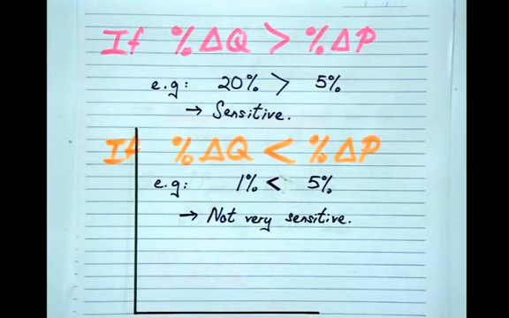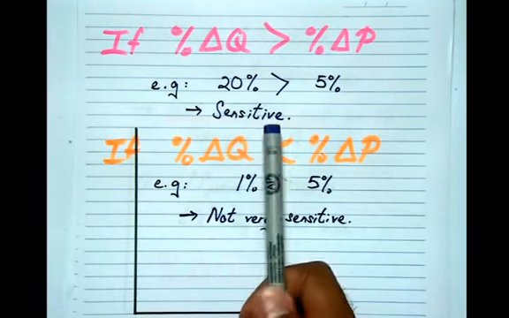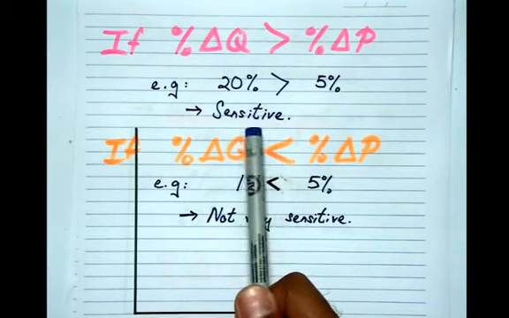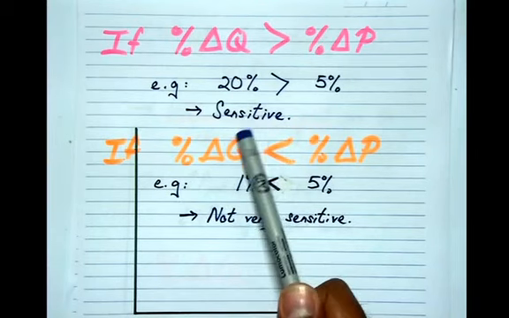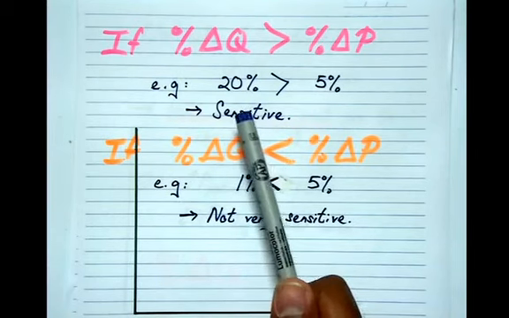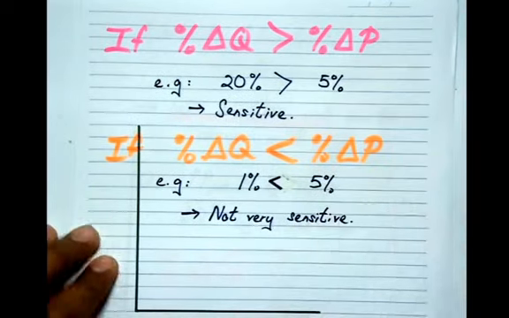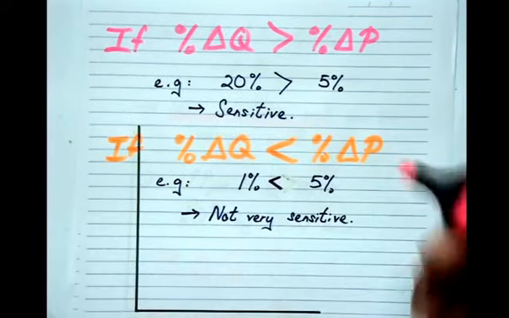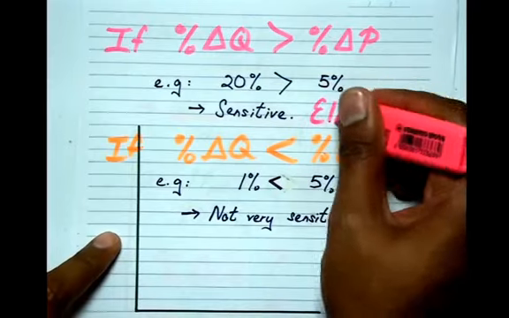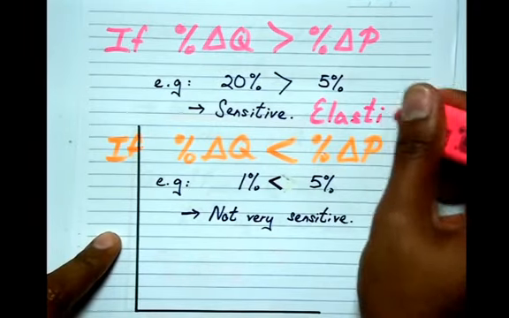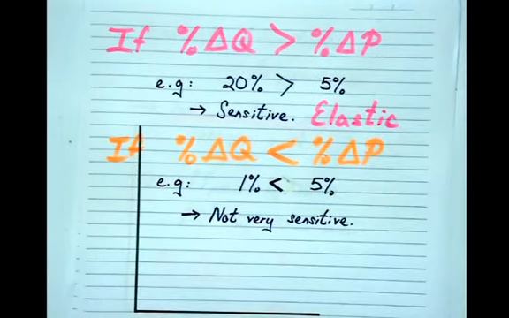So, when we look at elasticity, we're looking at how sensitive or not sensitive something is, or how responsive or how not responsive something is. Now, we don't use the word sensitive. We use the technical term elastic if it is sensitive to the price.